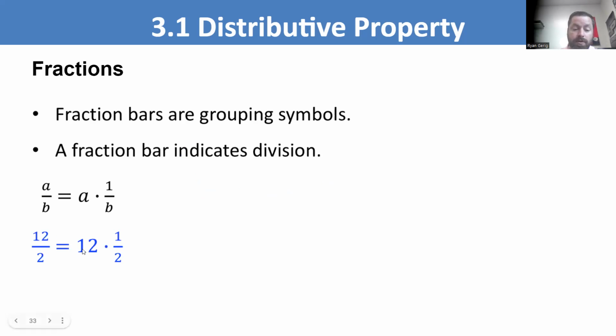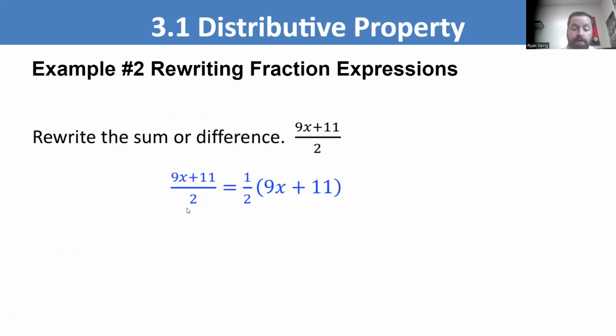Numerator, whole number, and then the remaining part is the 1/2. Now I can distribute the 1/2 to the 9x and the 1/2 to the 11. Simplify that a little bit. I get 9x over 2 plus 11 over 2. And you can see that this expression here is the same as this expression here.